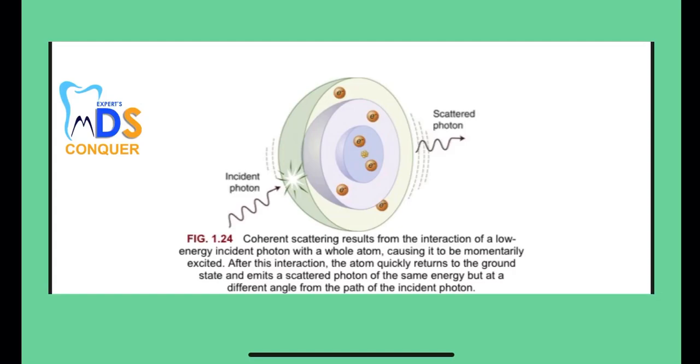First we discussed coherent scattering, wherein the incident photon hits the outermost electron and ceases to act; it comes back to its ground state. Because of this interaction, a scattered photon is produced, which has the same energy but a different angle from the path of the incident photon.